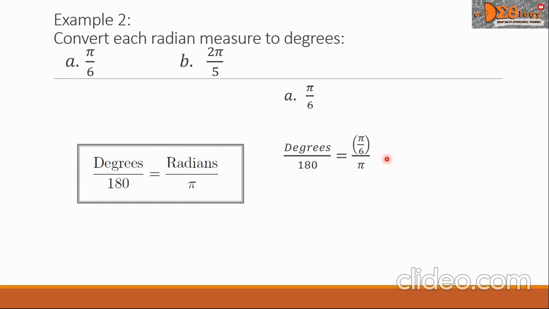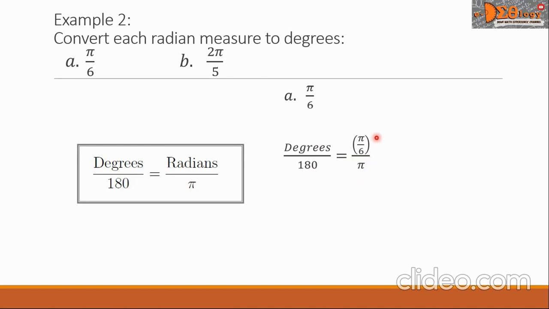In the right hand side, we have a complex fraction. We have a fraction in the numerator and the whole number pi in the denominator. Let us simplify this complex fraction. The pi being a whole number, we know that there is a denominator of 1 here.